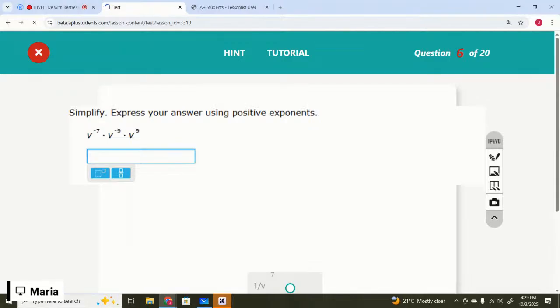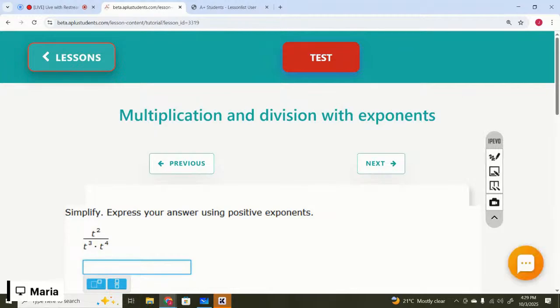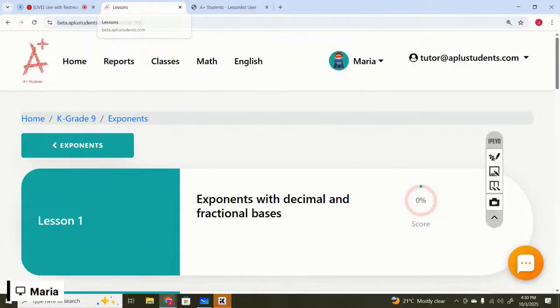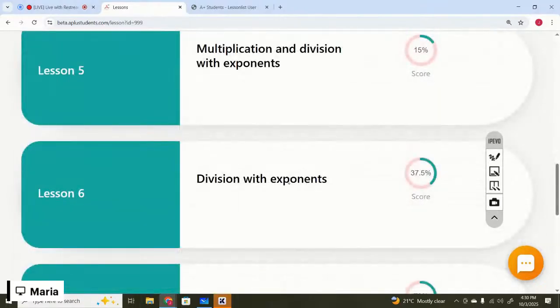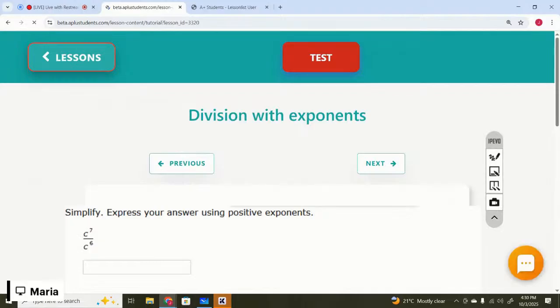The next lesson is division with exponents. Let's just start with the lesson.